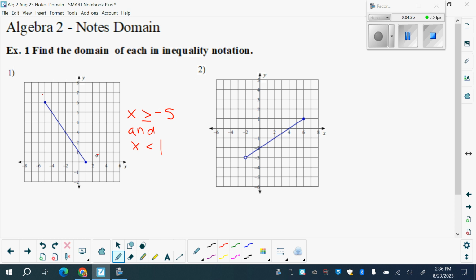So we want less than over here, less than or equal to, or less than? Less than or equal to, because it is a closed circle. So we can write that as one statement also. You don't have to write it both ways, but if you want to, you can write it -5 ≤ x ≤ 1. I don't care which way you write it. You just need to do one of those two.